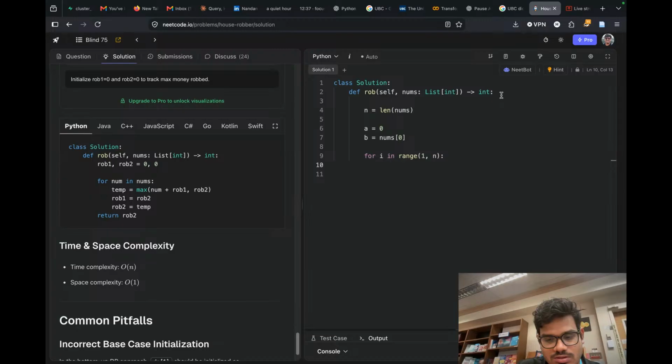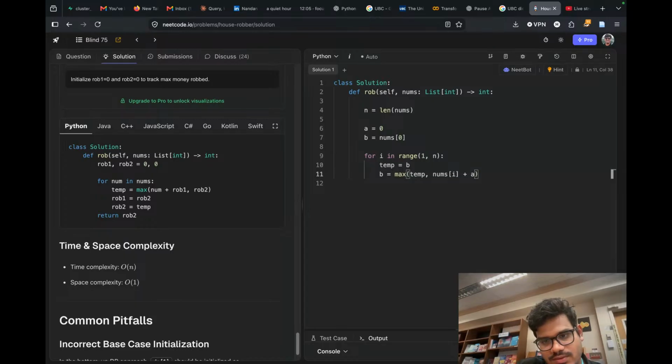Yeah. So here temp is equal to B, B equal to max of temp, comma, nums[i] plus A, right?